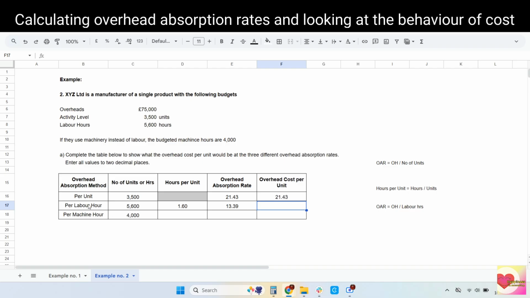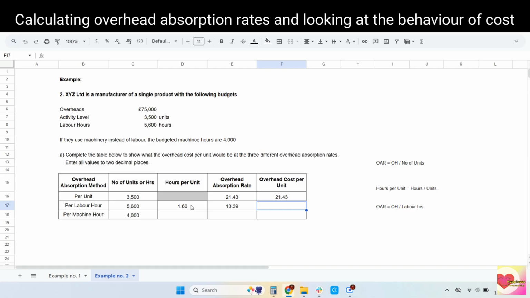But in the per labor hour method, our OAR is the rate per hour, not per unit. So this is not always the same as the cost per unit because it doesn't always take 1 hour to produce 1 unit. In this example, it takes 1.60 hours to produce 1 unit.